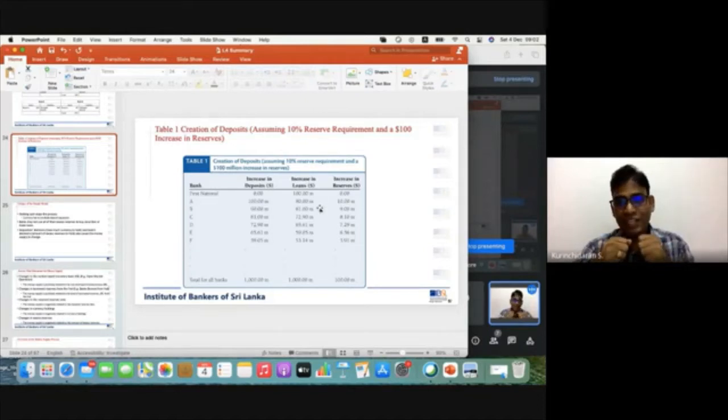You hold cash, then it won't. Let's assume you got 100 million, but you only deposit 95 million. 5 million you keep as cash. So it will not go to the system. Then this creation won't happen as we discussed, so the creation will be less.